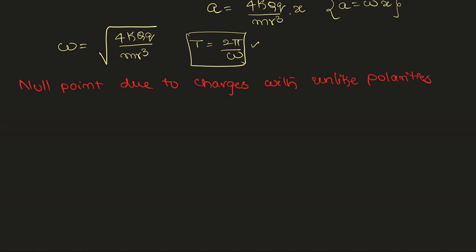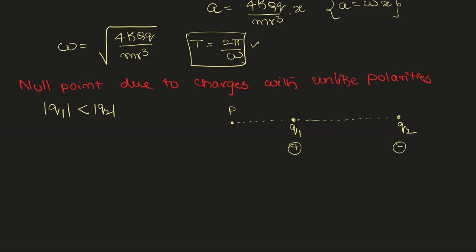That means if one charge is positive, if Q1 is positive, Q2 is negative, in that case, null point is always close to the charge of least magnitude. Here Q1 I am assuming as having less magnitude compared to Q2. So it is negative charge, it is positive charge. So it will not lie along the line joining the two charges, that is between them. It will just lie along the line but outside and close to the charge of least magnitude.